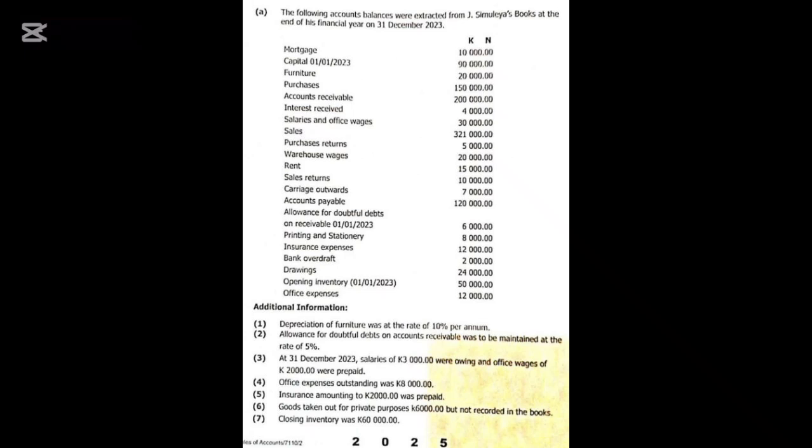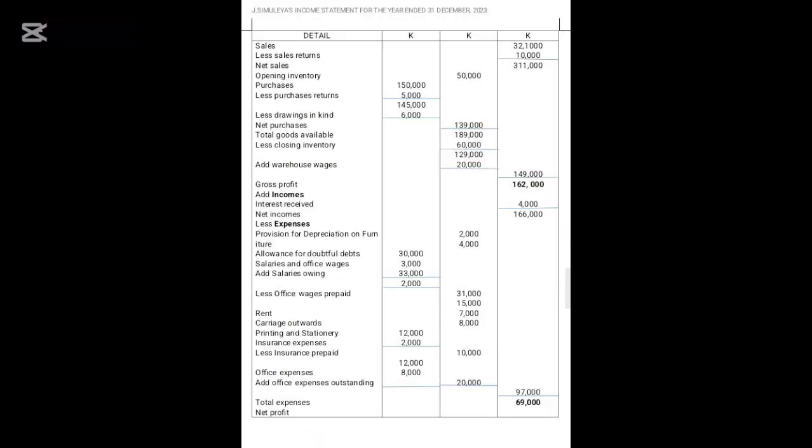When an amount is prepaid, it should not be included in the current accounting period, but it should be recorded in the next accounting period. You see, from the office wages, 2,000 was prepaid. It belongs to the next accounting period, so we remove it to remain with 1,000.